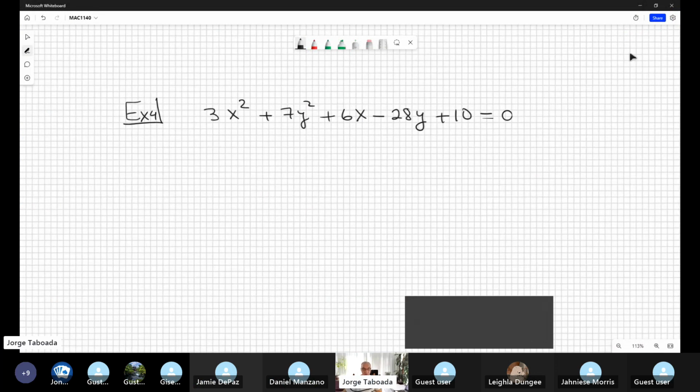3x squared plus 7y squared plus 6x minus 28y plus 10 equals 0. Of course, this is a totally crazy equation. By the way, this is called a general form.